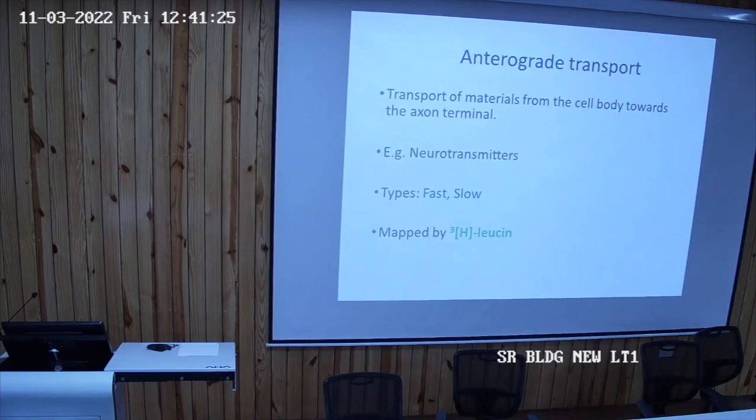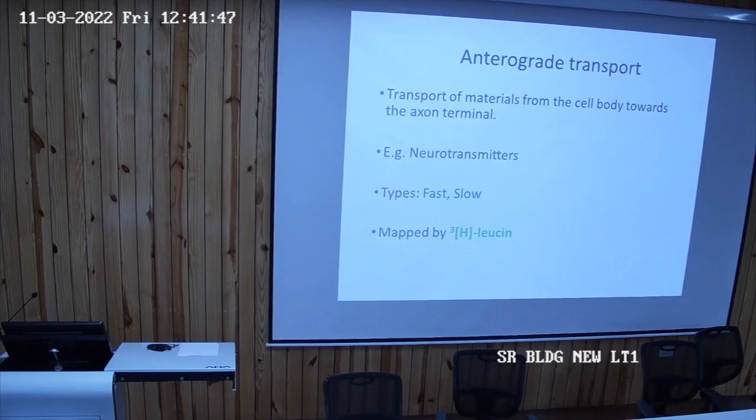Where are the neurotransmitters? At the bottom of the terminal, the synaptic terminal, but they are produced in the cell body, and so neurotransmitters will be anterogradely transported.